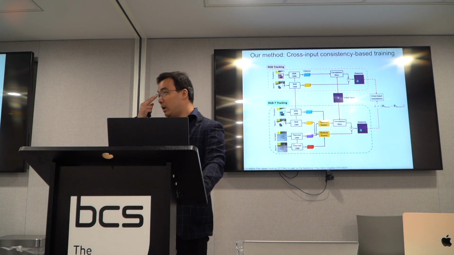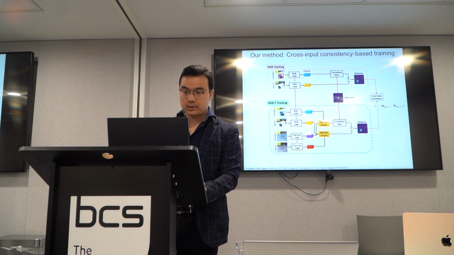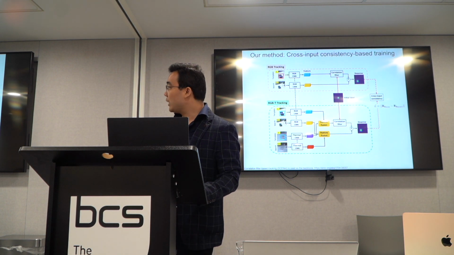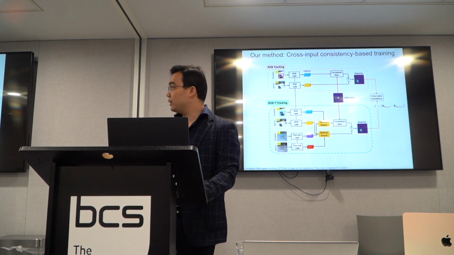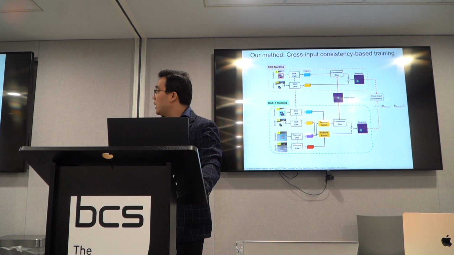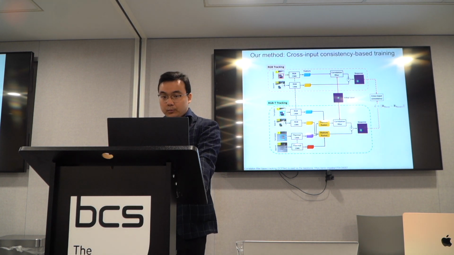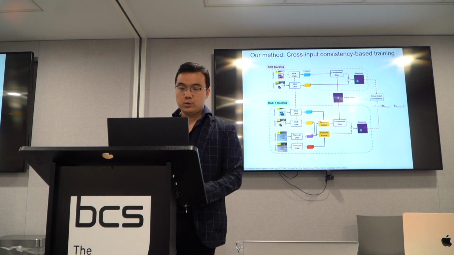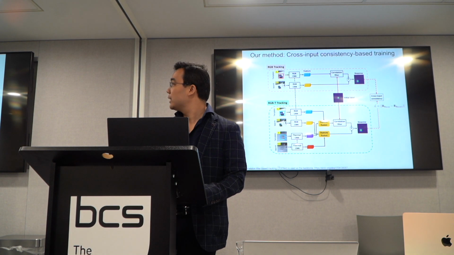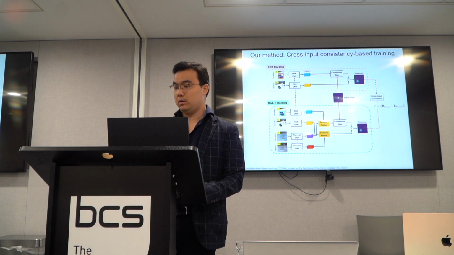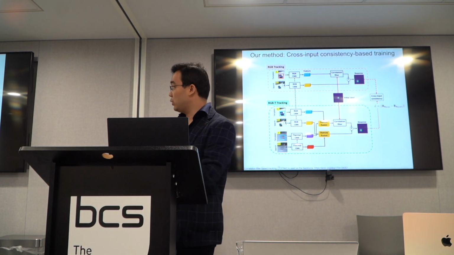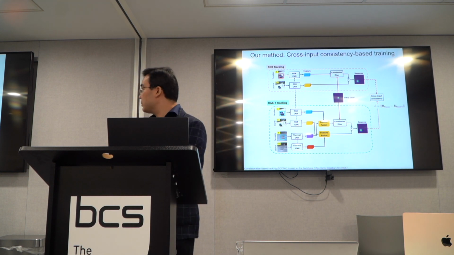So this is our training framework. We are using a correlation filter-based framework. We first use a CNN to extract features, and then we use a correlation filter to compute the response map.